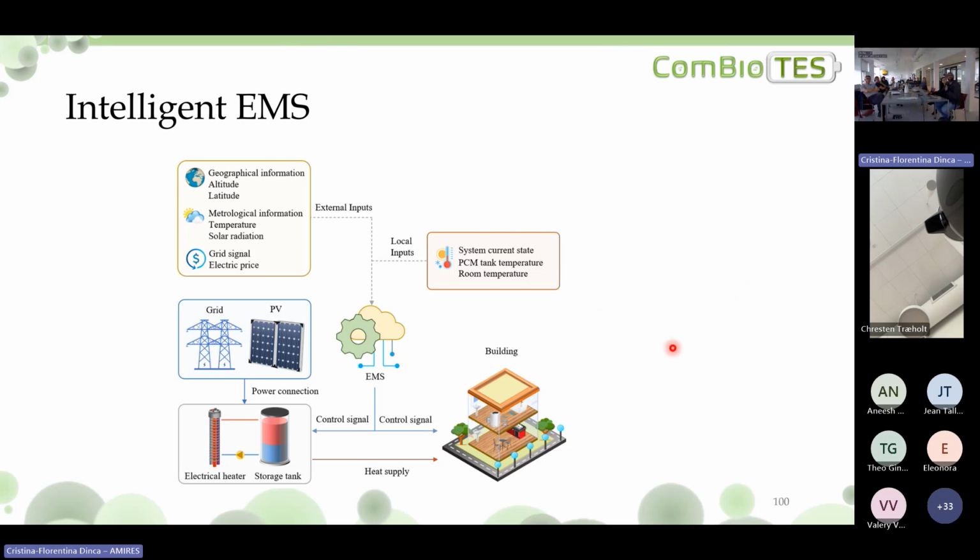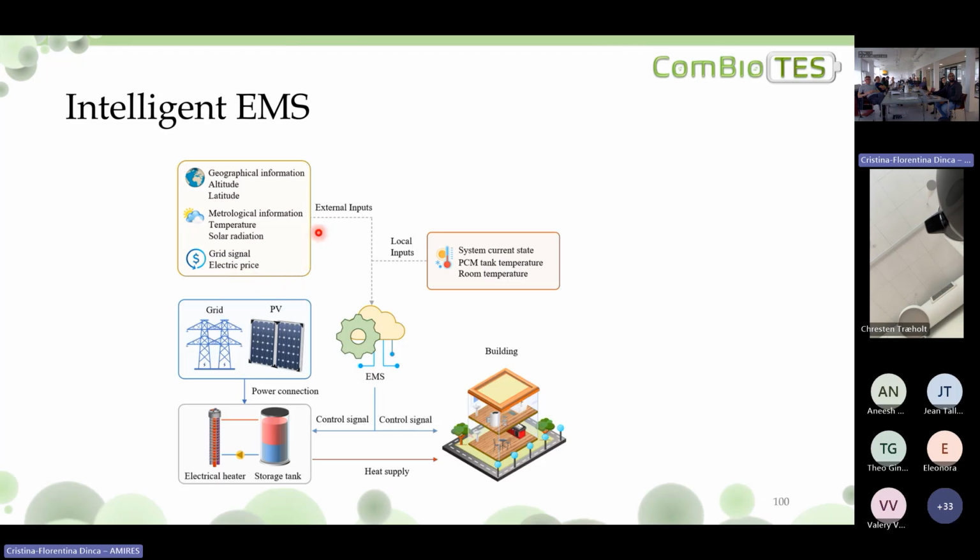Next, we come to the intelligent EMS, which is our main contribution. Basically, this is the schematic of the EMS, which takes information regarding weather data. So we obtain temperature data, solar irradiation, and then we obtain information about the electricity prices.